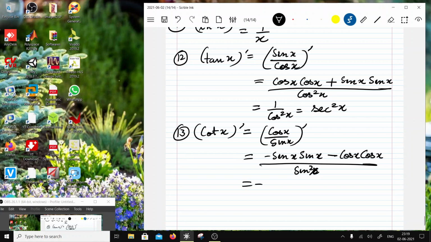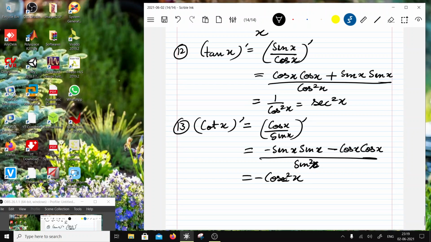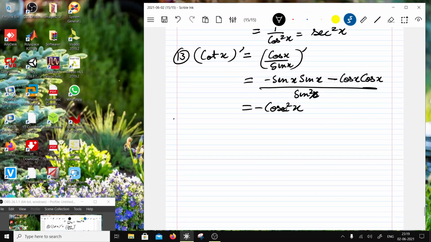So this is equal to minus cosec square x. So that's that. 14. Okay, so let's say log to the base e of x, derivative, it is going to be log a to e divided by x.